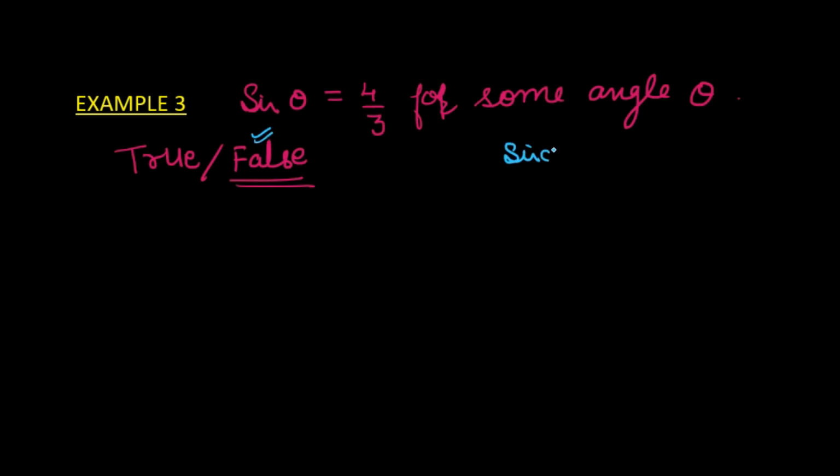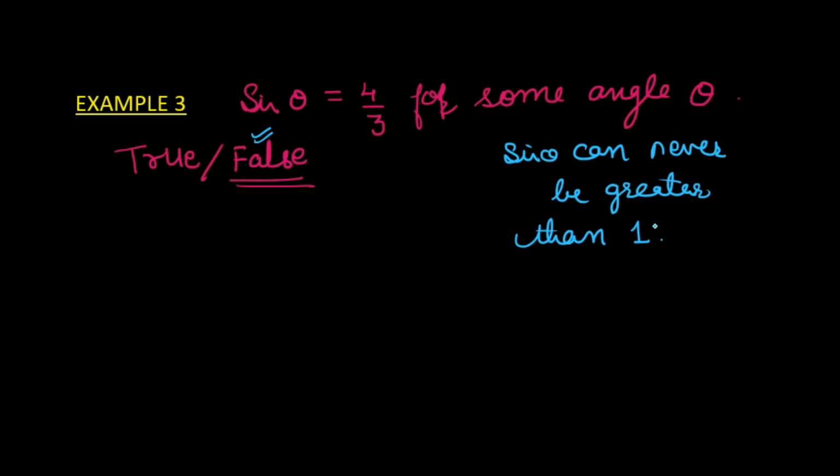Sine theta can never be greater than 1. Why can sine theta never be greater than 1? Let us see. We said that sine of any angle is equal to the side opposite to that angle over the hypotenuse.